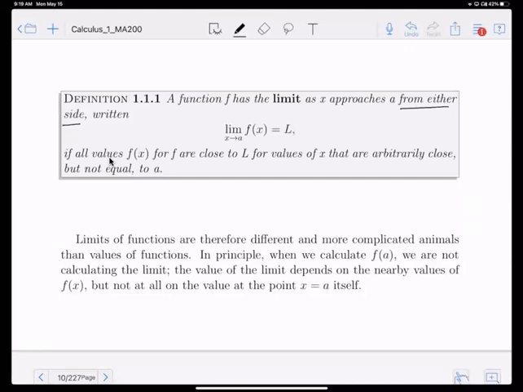That's what it meant. If the limit as x approaches a of f of x equals a finite number L, then we say the limit is L. So all values of f are closer to L when x is arbitrarily close to a but not equal to a. So this part is important: close to but not equal to.